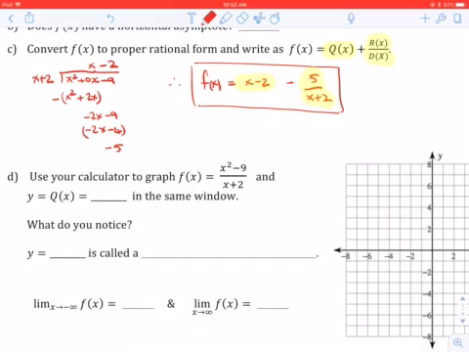So normally, end behavior describes what's going on as x tends towards positive or negative infinity. So if we want to look at the extreme right, we're going to analyze the limit as x tends towards positive infinity.